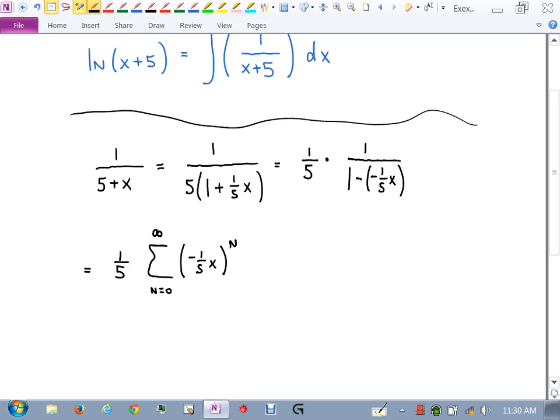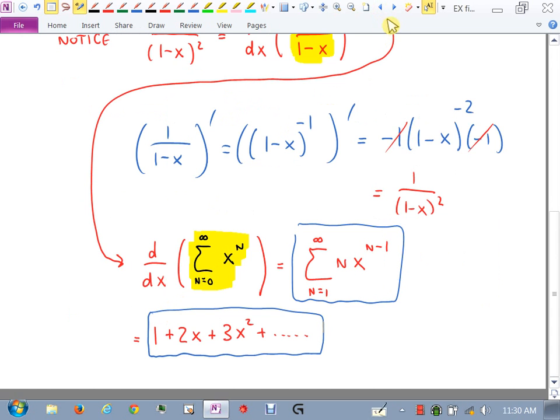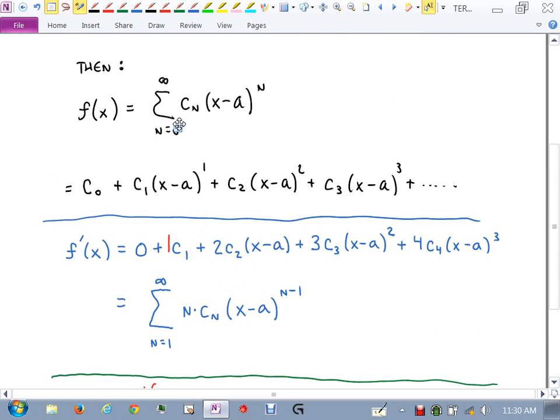Okay, now let's go back up there. Let me see if I'm really ready for this. I'm about to say that everything in that parentheses here is equal to this sum. And in order for me to use the integration formula, if I want to integrate a function, I can just use this formula, but the power series that I'm integrating has to look like this.